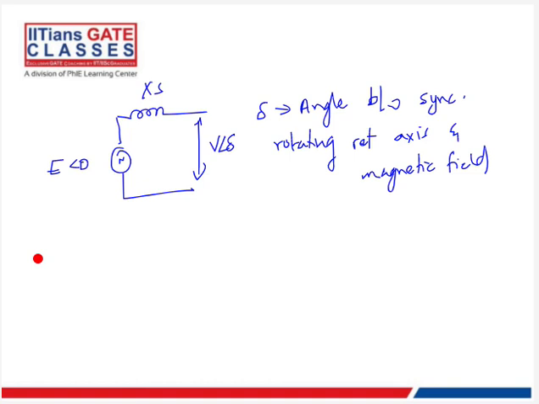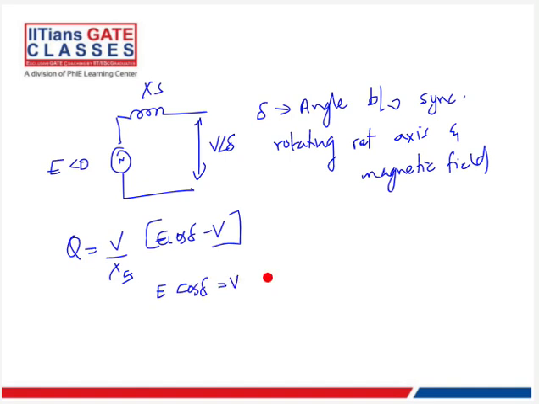Under this situation, Q is given as V divided by X times (E cos delta minus V), right? Since V cannot be zero and X cannot be infinity, when E cos delta is equal to V, what is the condition?